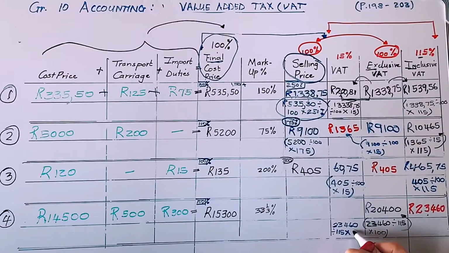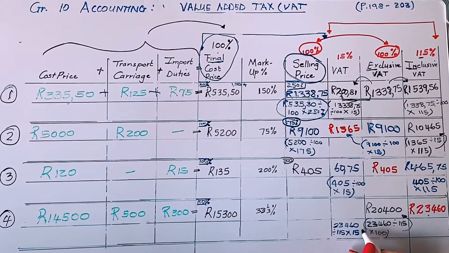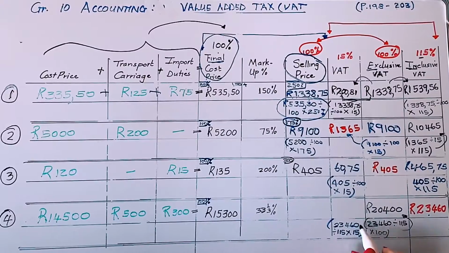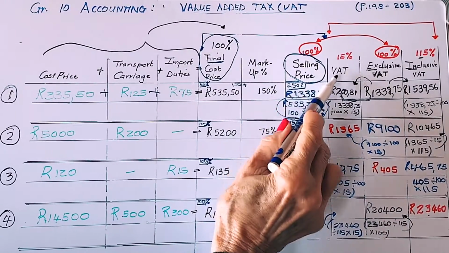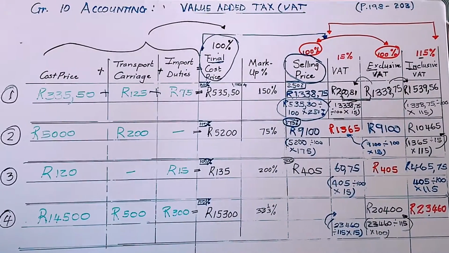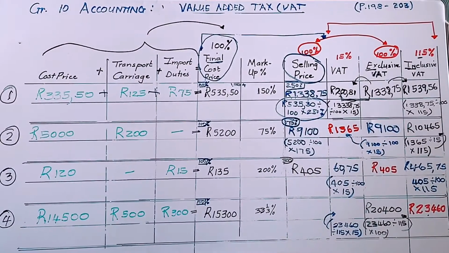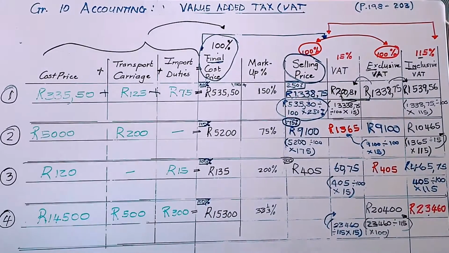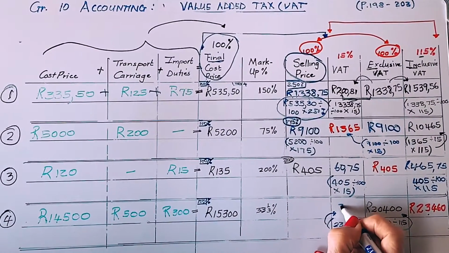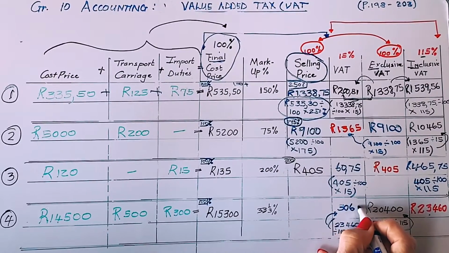This time I'm going to times it with 15 because I want to calculate the VAT amount, and if I do that, the VAT amount will be 3060.